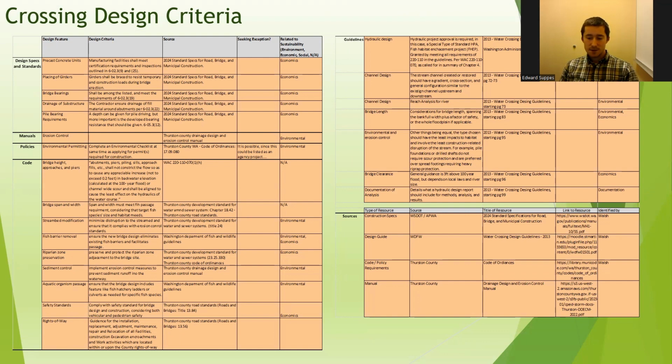The span and width must be designed in regard to the fish species present for passage and habitat. 3. Minimize disruption to the stream bed. 4. And we found that a reach analysis will likely be required for this crossing. And 5. The low chord of the bridge must be at least 3 feet above the 100-year flood.